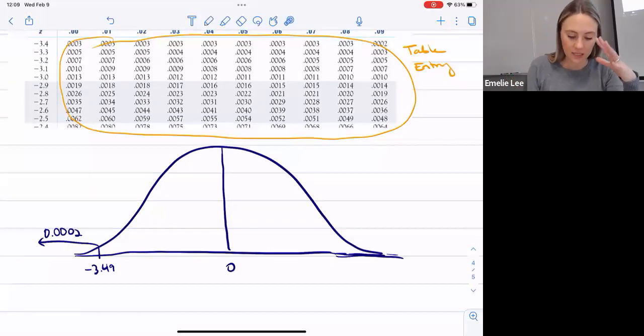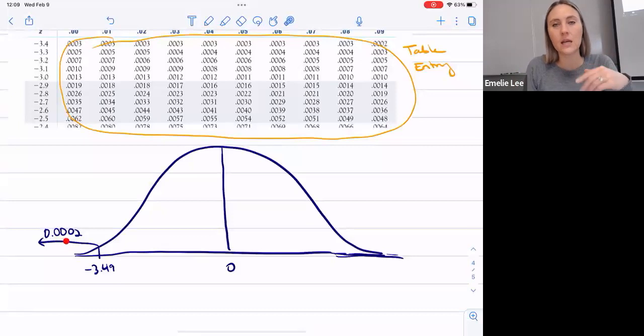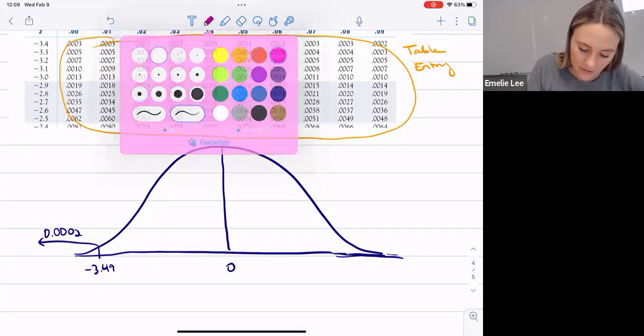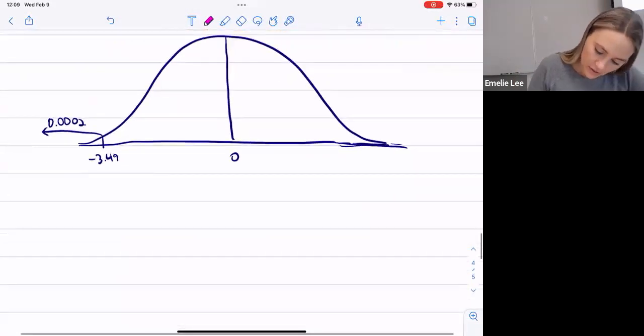So what that means is the probability of having a standardized value less than negative 3.49 is 0.0002. So I'm going to translate that here because I think that'll be good.